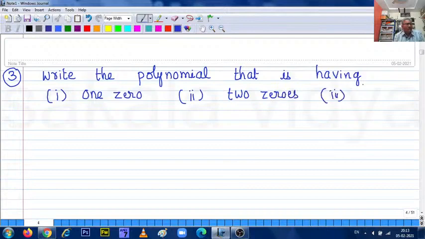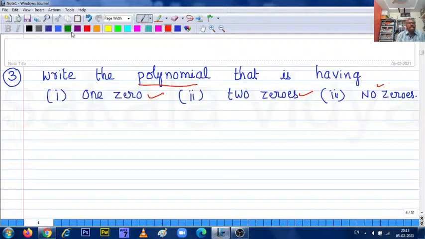Third one, no zeros. Let us write it. So you are asked to write an example of a polynomial which is having 1 zero, 2 zeros and no zeros.